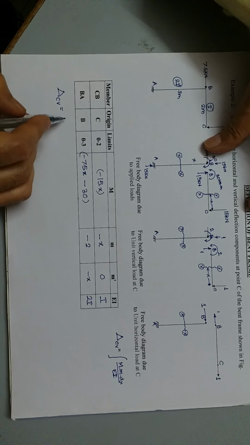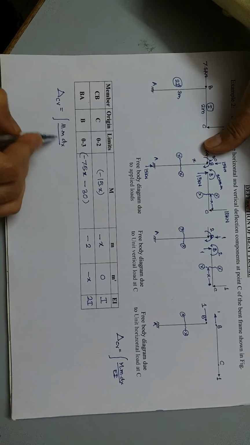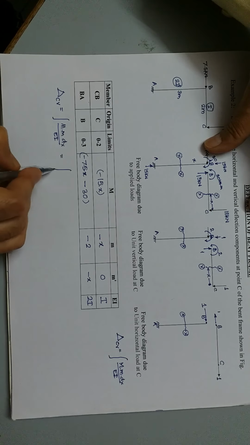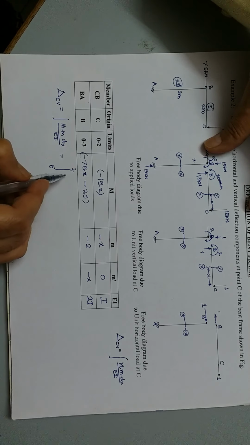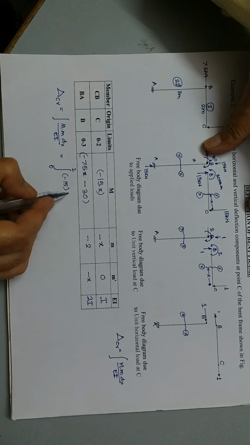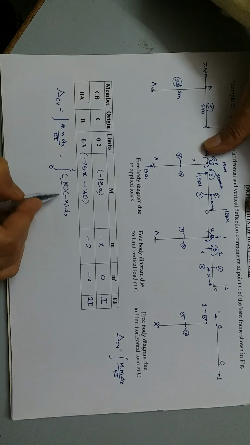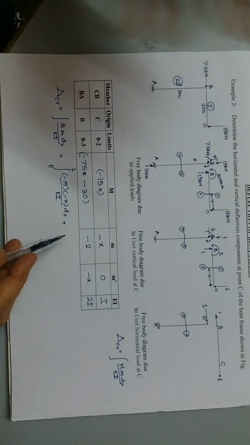So delta C vertical will be equal to integral m into dx by EI. It will be done in two parts. The first part has limits 0 to 2. M is minus 15x, small m is minus x, into dx divided by EI. This is the first part. Then the second part is BA.